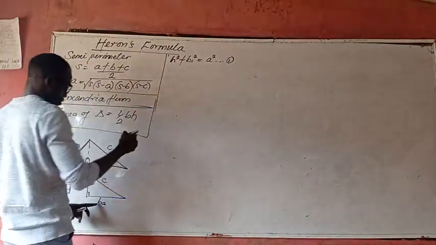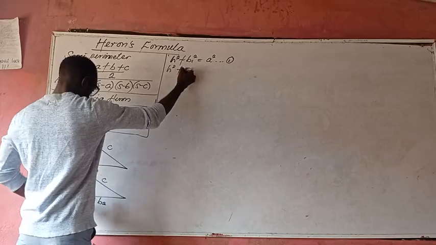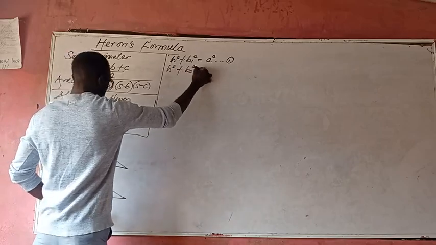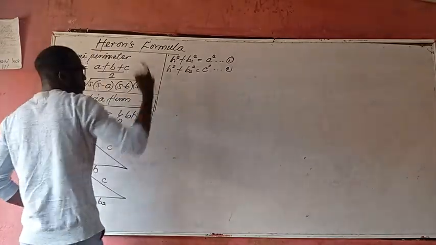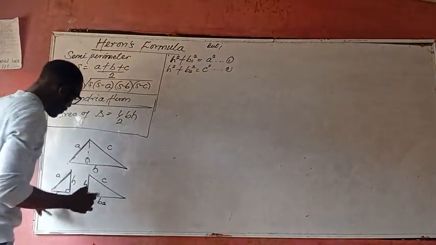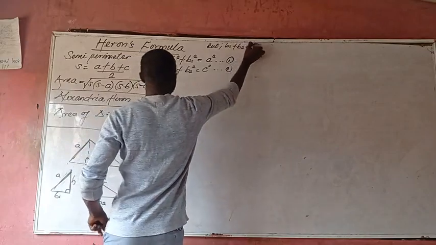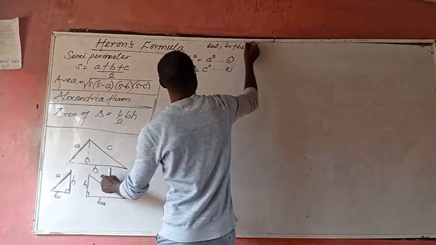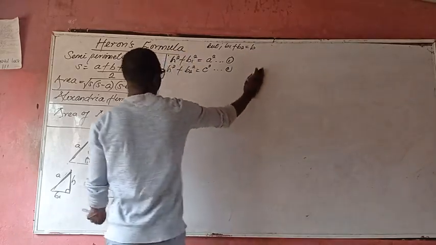And here also, H squared plus B2 squared is equal to what? C squared, equation 2. But B1 plus B2 is equal to what? B. You know, yeah? This B is B1 plus B2.